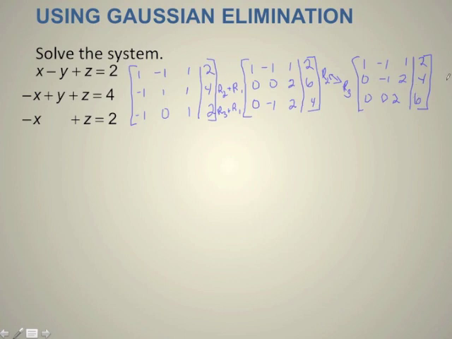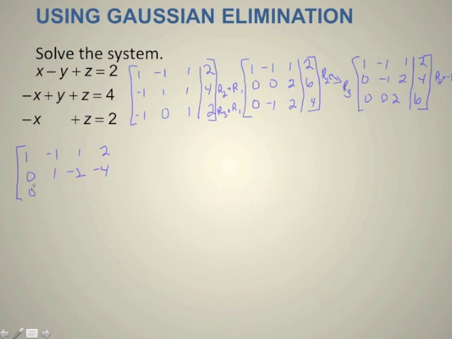And the next thing I'm going to do is take my new row 2 times -1 so that I can end up with a +1 in that column, row 2, column 2 position. So that will give me 0, +1, -2, and -4.